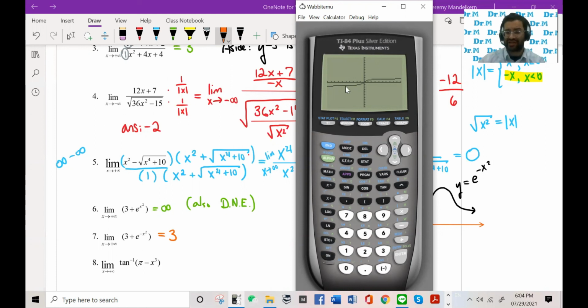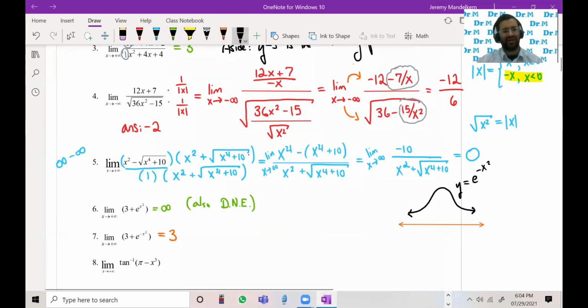Well, in this case, you are going to have your y values plateauing to a horizontal asymptote. The horizontal asymptote is going to be y is equal to minus pi over 2. And so we conclude this problem by stating that here the limit is equal to minus pi over 2.